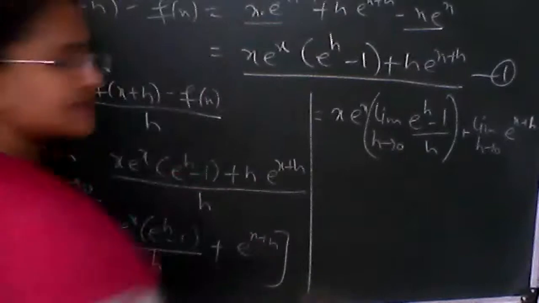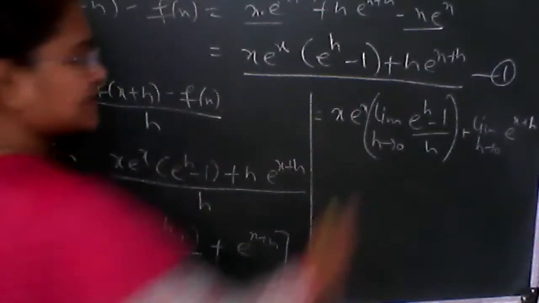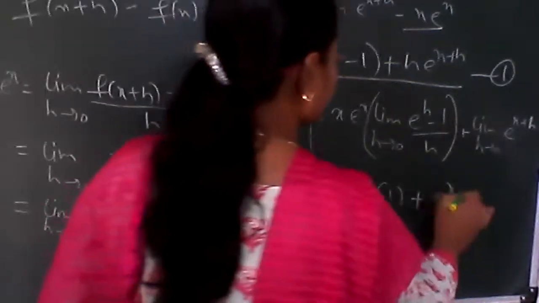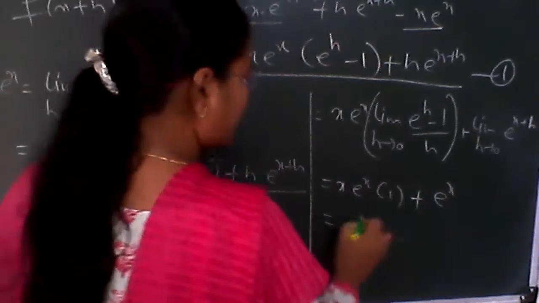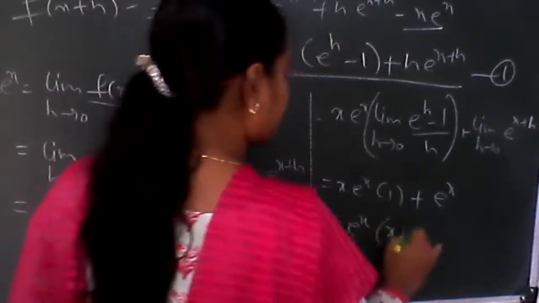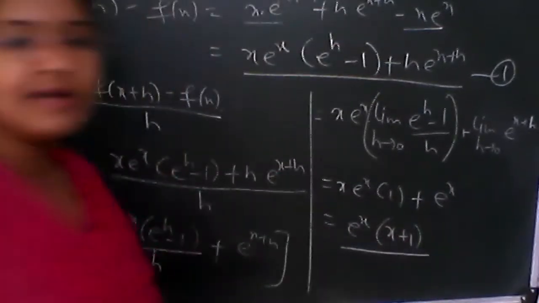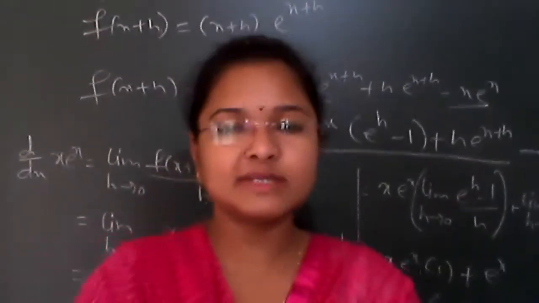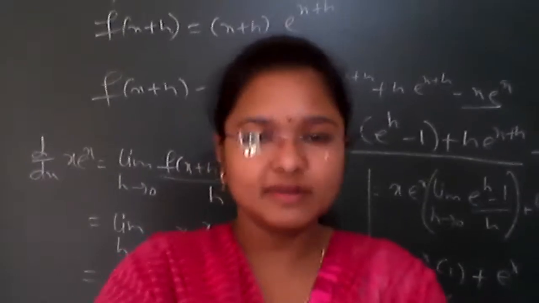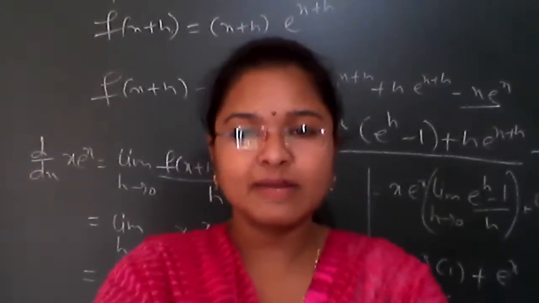So this limiting value will be 1: x e raised to x into 1, plus e raised to x plus 0, which will be e raised to x. This is the derivative of x into e raised to x, and we can also get it by using product rule.